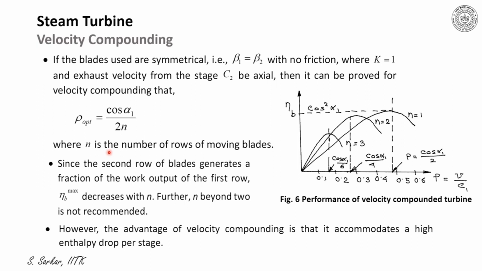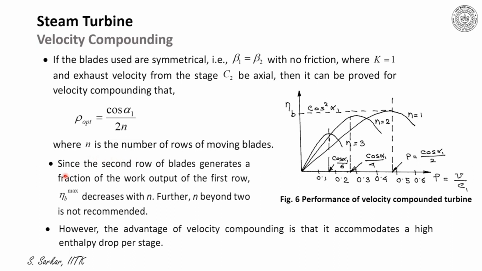I have already indicated that velocity compounding is done to decrease the blade speed. Here, optimum blade speed is lower by a factor n, where n is the number of rows of moving blade.